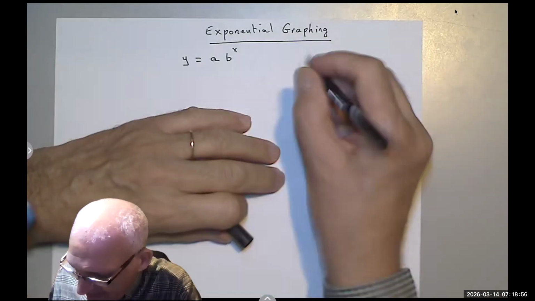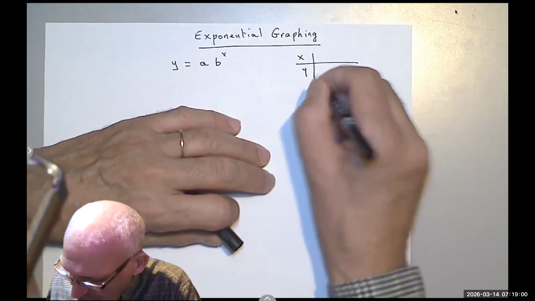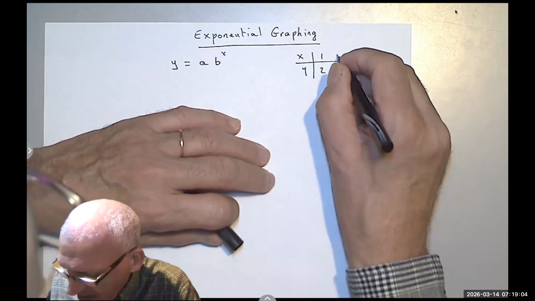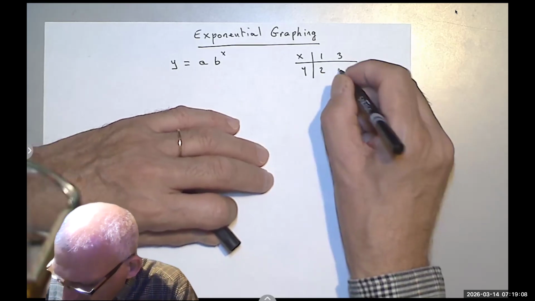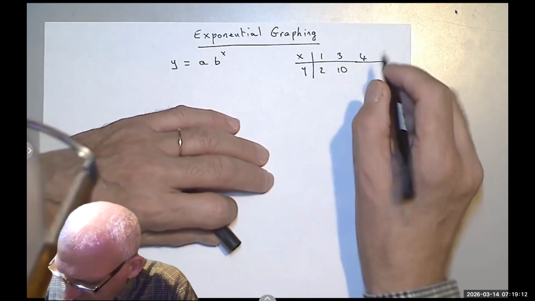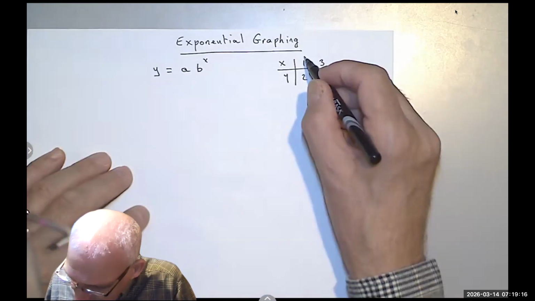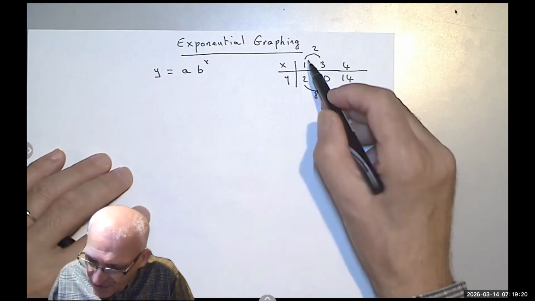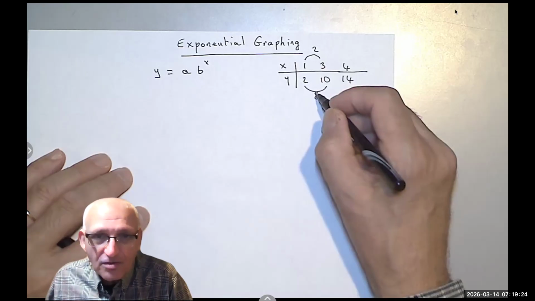Meaning, if I had, say, a linear equation with x and y. For example, if x is 1, y is 2, and x becomes 3, y is, let's say, 10. When x is 4, this is 14. So you see that when x increased by 2, y increased by 8, meaning for every unit increase, y would increase by 4, right?